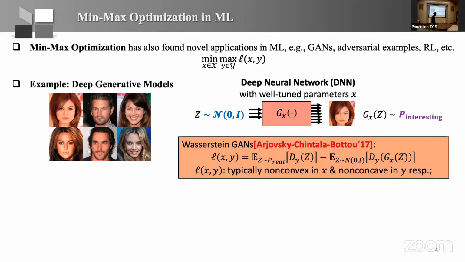So you can set up this two-player zero-sum game, or here really it's a min-max optimization problem. If you solve it, you should hope that the neural net you get out of this will give you interesting distributions. And I should say that here the loss function is usually non-convex and non-concave.